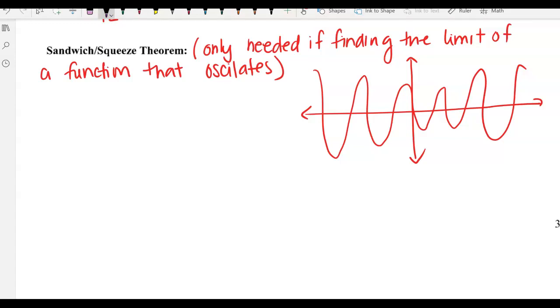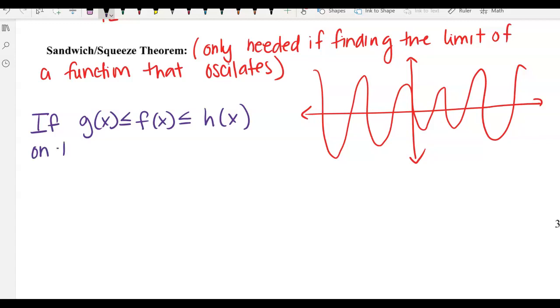So based on that, we would say if g of x is less than or equal to f of x, which is less than or equal to h of x. Okay, as you can see, f of x is being squeezed in between what two functions? G and h, you're right. And they have to all be on the same interval from a to b, inclusive.